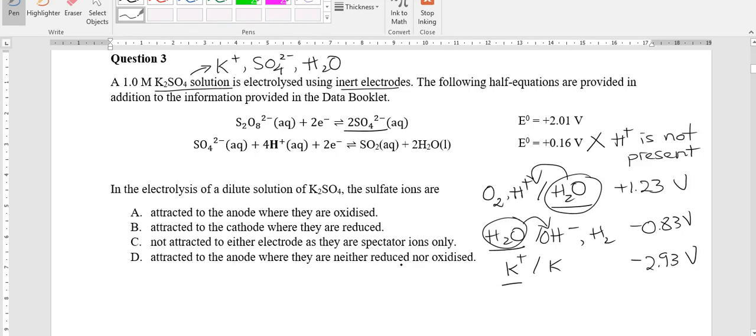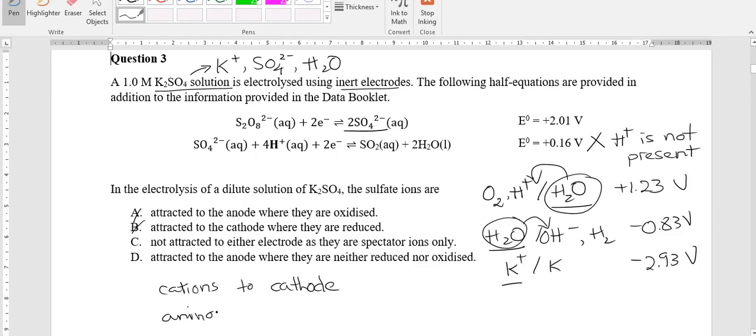The question is, is it going to be C or D? It is actually going to be attracted to the anode. If you remember, cations will migrate to the cathode, and anions will migrate to the anode.